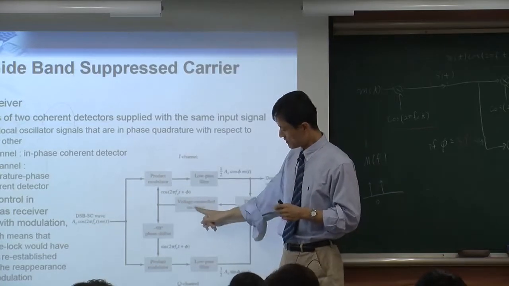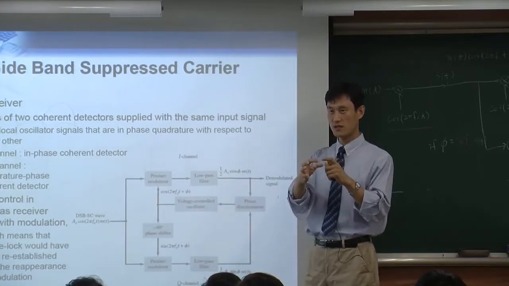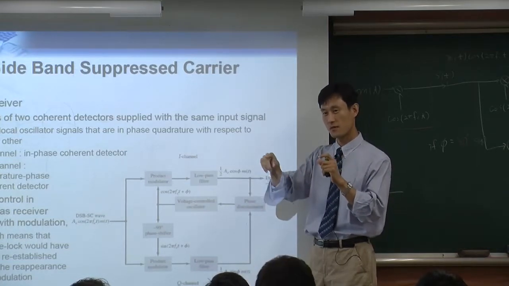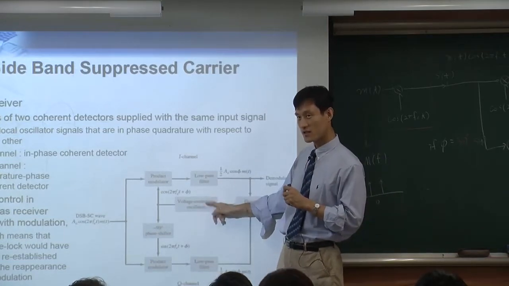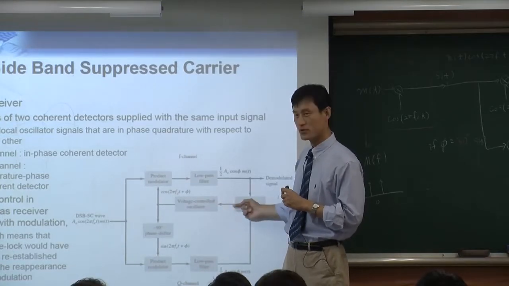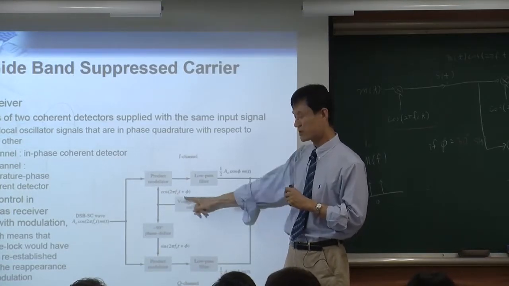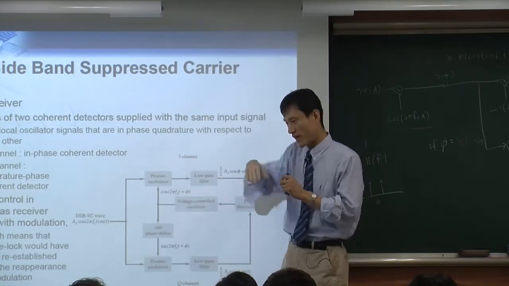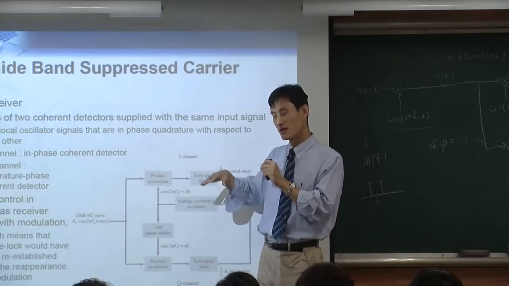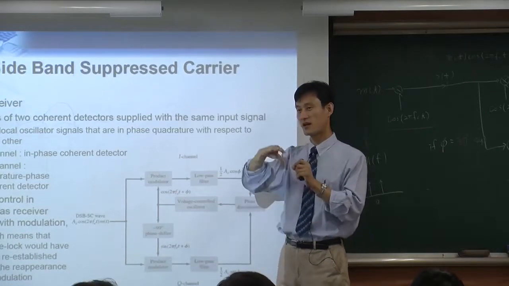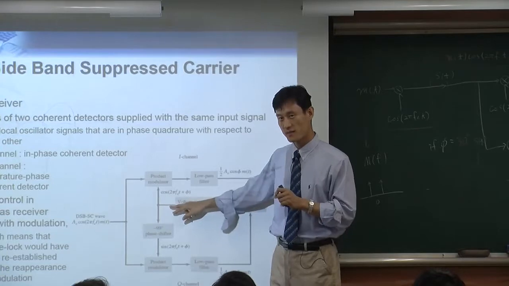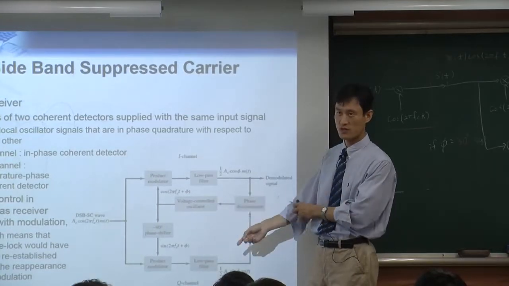But this one has an input, and that input is a voltage. If the voltage is high, this one makes a fast output, a fast frequency. If the voltage is low, this one makes a lower frequency. So it makes a different frequency depending on the input voltage.